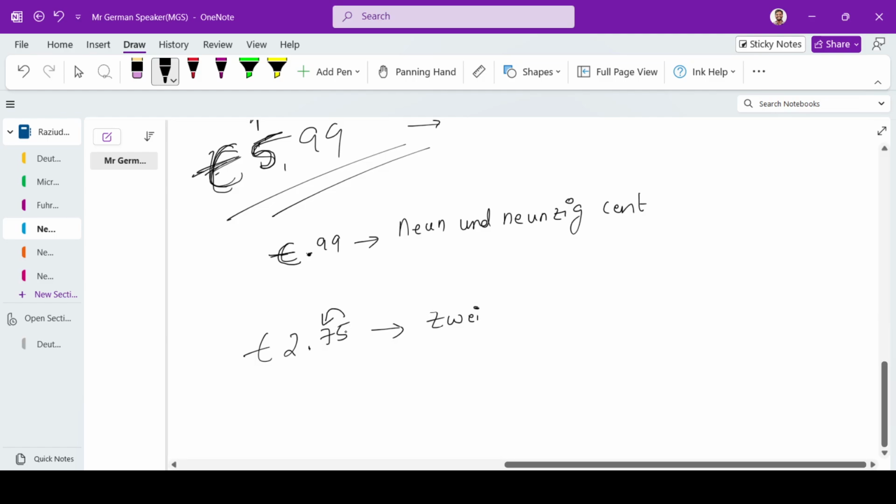First you say five, and then you say seven. So 2 euro 75 cent, you would say like 2 Euro 75. But if you go to the supermarket, they are very fast. It's like their native language. They say 2,75.